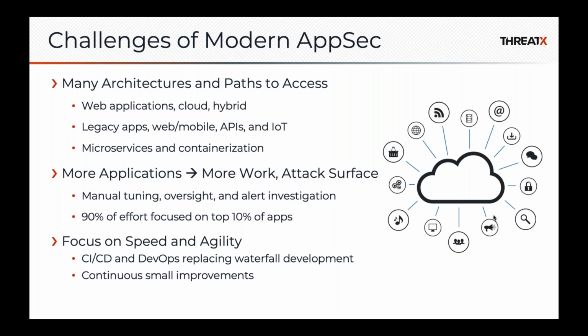The next thing here is that speed and agility is the new mantra for development. The whole reason that you would have a WAF or want to secure web applications is because developers are human beings and they make mistakes in coding, and so you want to be able to secure the web applications. As CI/CD pipelines and agile development cycles compress the development cycle, you start to see code being deployed more and more often.